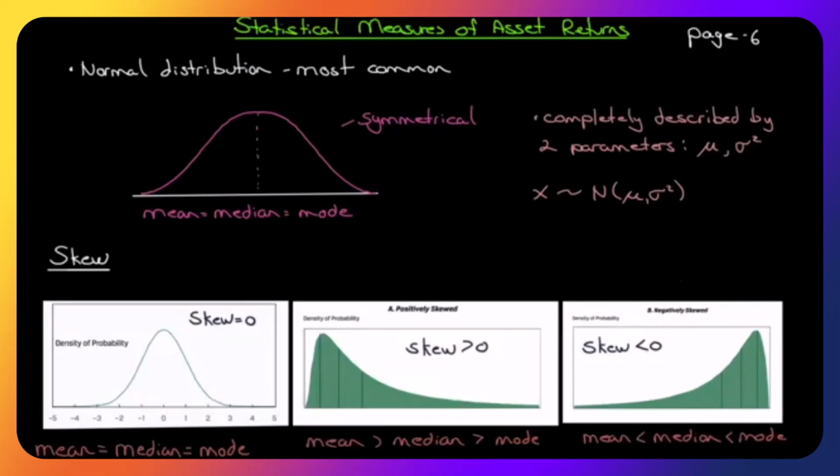Okay, let's look at a normal distribution, the most common type of distribution. Returns, at least the continuously compounded returns, are modeled with a normal distribution. When you bump up against the Black-Scholes-Merton model for pricing options, you start with a log normal distribution. You take the log of that, you get to a normal distribution.